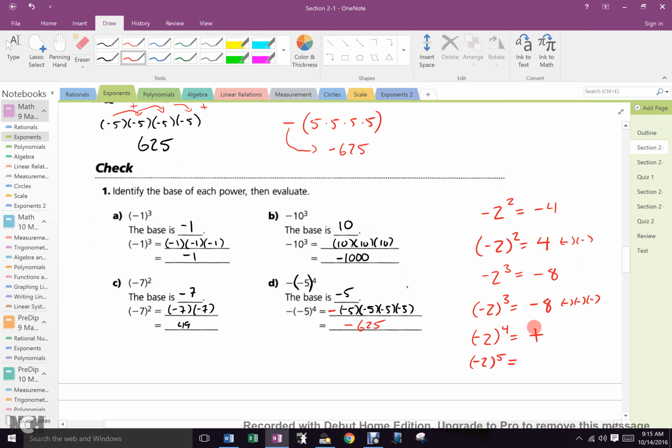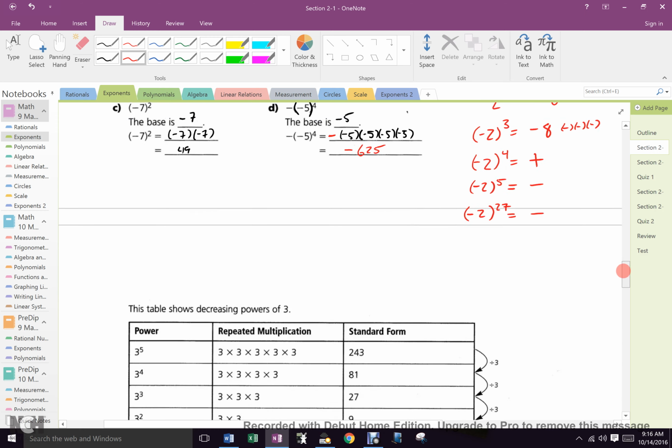Negative 2 to the 4th was positive. So negative 2 to the 5th would be negative. What's the pattern? It switches according to what, Ethan? Odds and evens. So what would negative 2 to the 27th be? Positive or negative? Negative, because it's got an odd exponent. Okay? Everybody with me? All right.